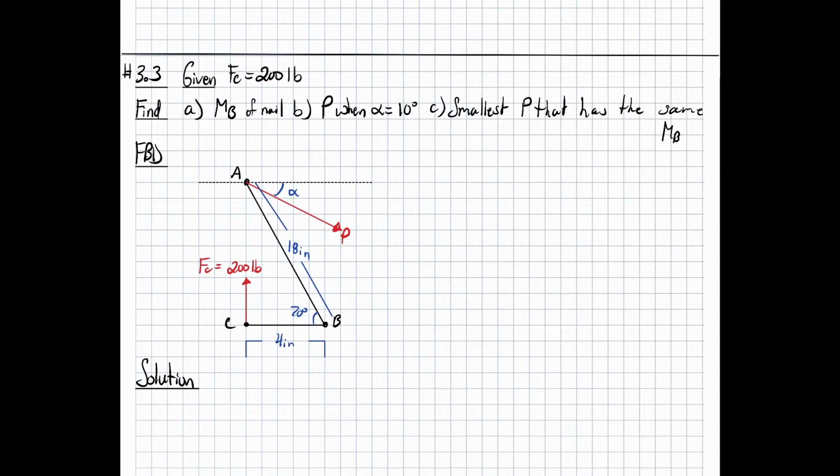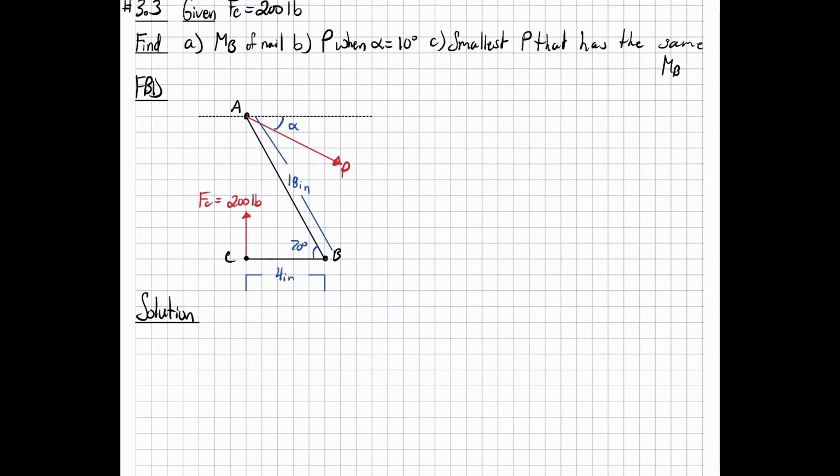And it has some tension at A of tension P. They ask us to find the moment of B due to the nail, find the force P when alpha is 10 degrees, and find the smallest P that has the same moment of B.